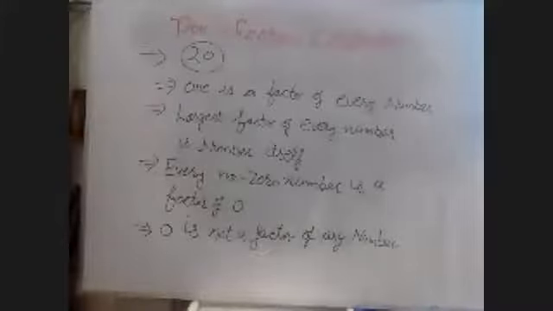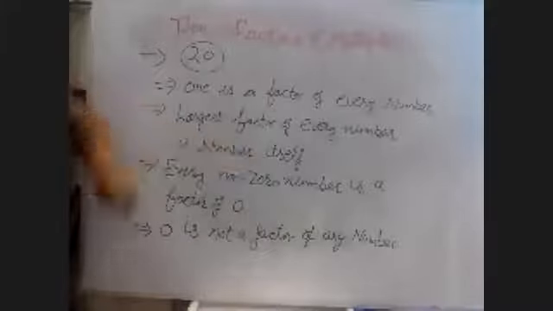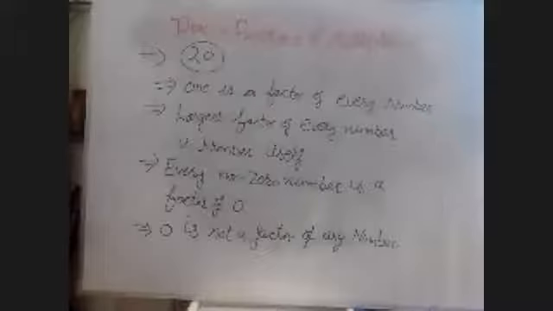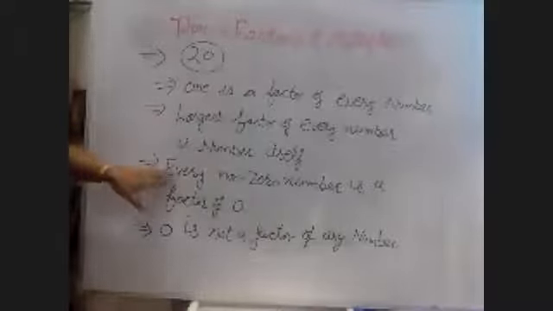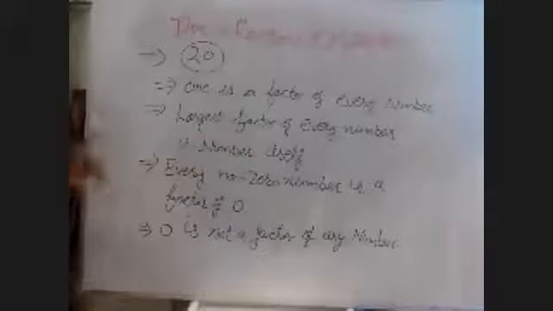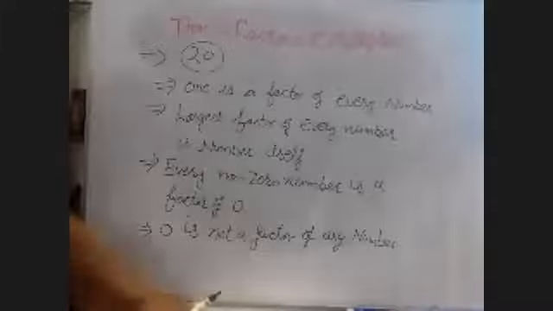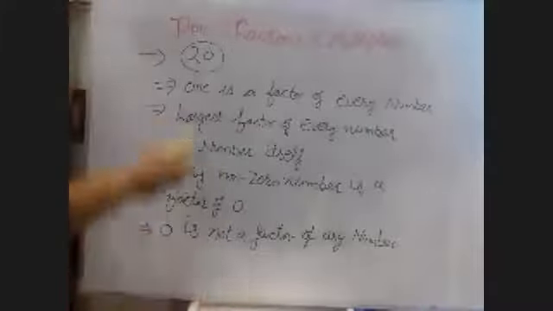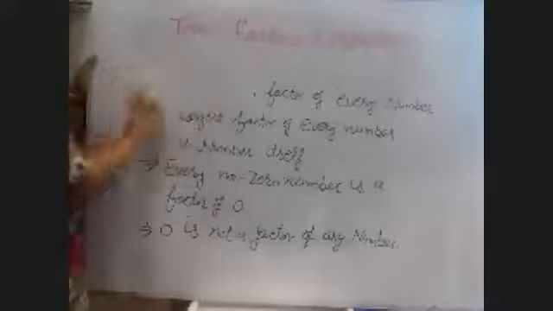Next point is every non-zero number is a factor of 0. Suppose our number is 4, 5, 6 or 7, any non-zero number is a factor of 0. But 0 is not a factor of any number. Clear, students? So these are a few points about factors.